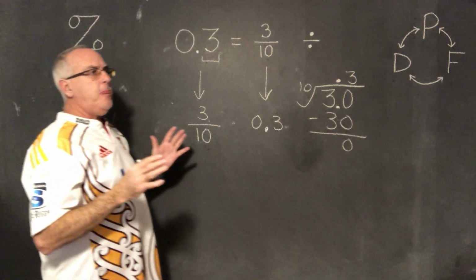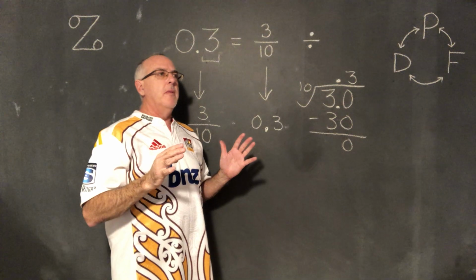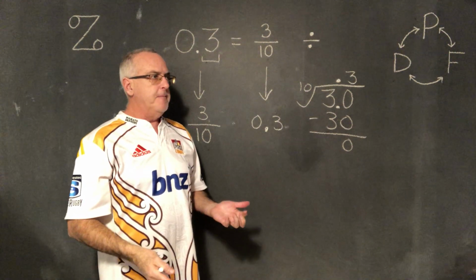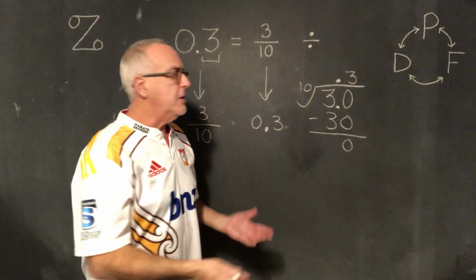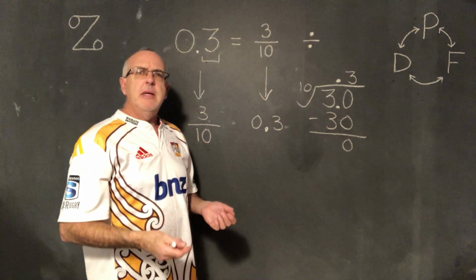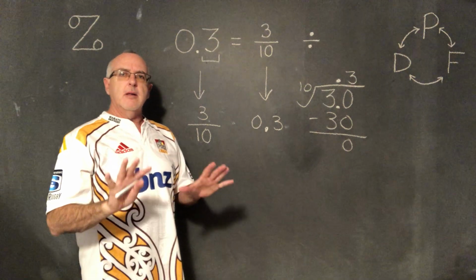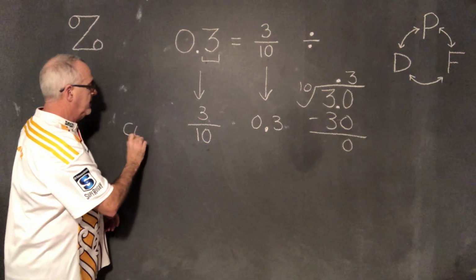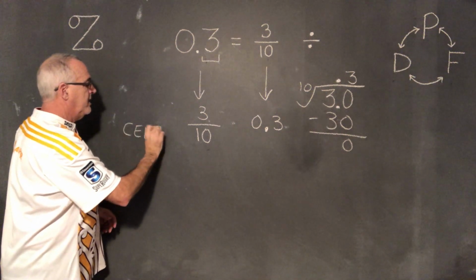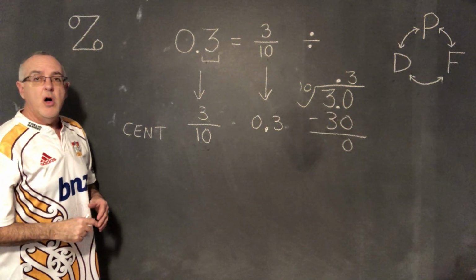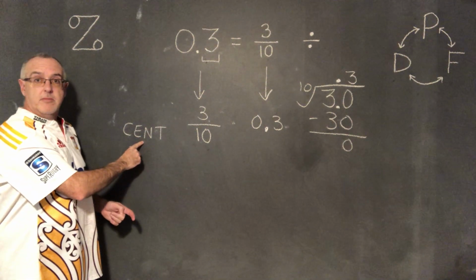One other thing, the word percent. Most students learn what a percent is, and they understand it rather easily. It's just a new word that goes with some new concepts in math. But what does the word mean? Well, interestingly, in French, this word, which we pronounce cent, but in French it's pronounced cent, means 100.